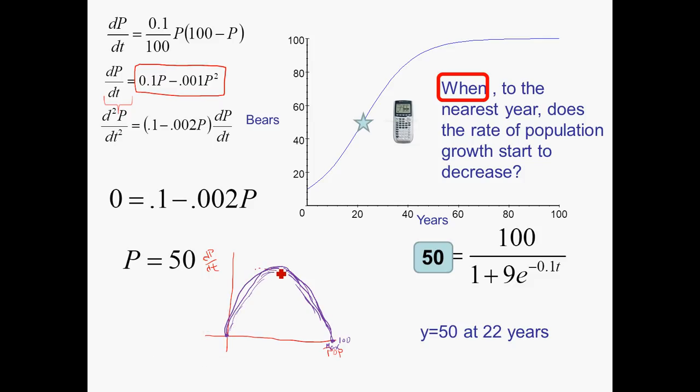Where the first derivative has a horizontal tangent and changes from increasing to decreasing, your second derivative is equal to 0 and changes from positive to negative. But since this is a parabola, this is the vertex of a parabola, and what is one of the beautiful features about a parabola?